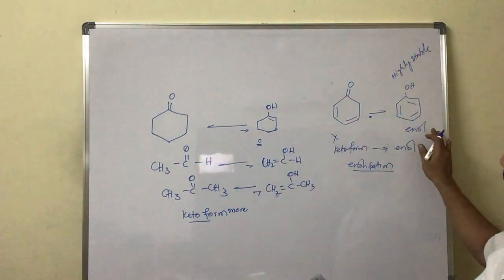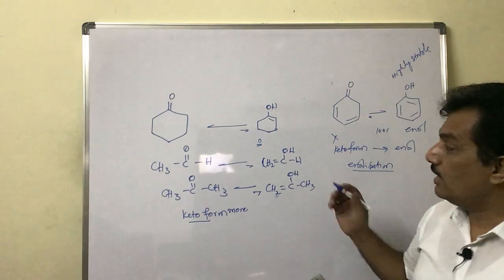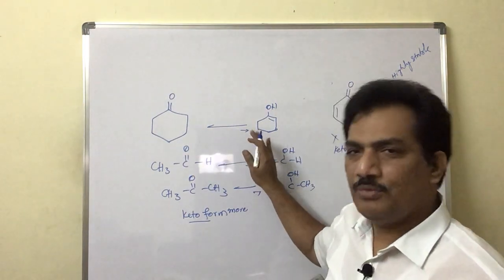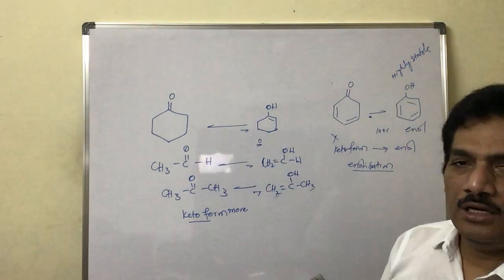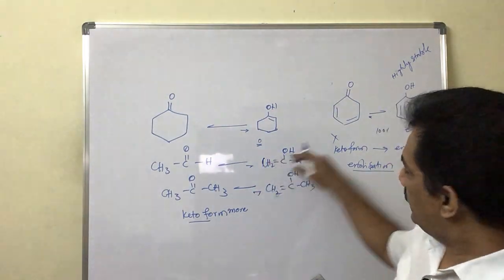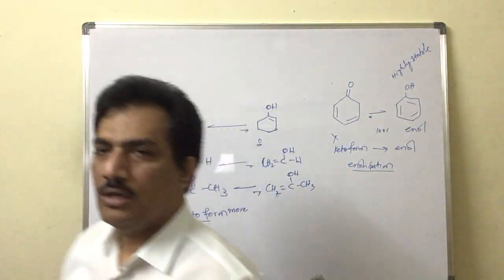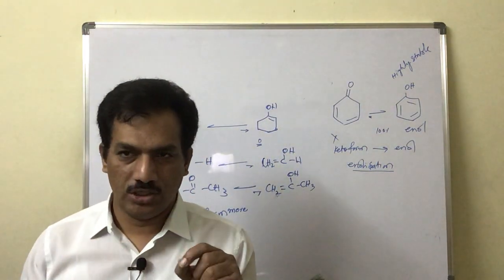If it is going maximum, here 100% enolization takes place. And in case it is not forming, then we say that 0% enolization takes place. Either it is forming or it is not forming, we refer to that formation only with the word enolization.